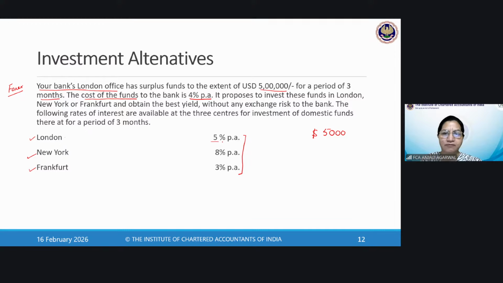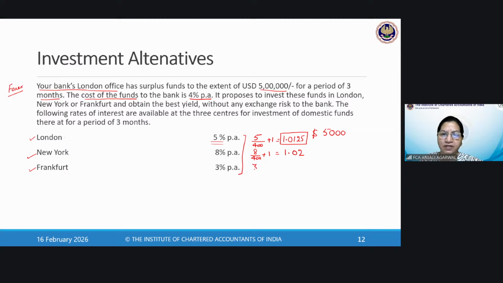Now first let's invest in London, which will give us 5% per annum. Again follow that policy: 5 divided by 400 plus 1, that is 1.0125. So London will give us this interest. New York will give us 8 divided by 400 plus 1, or we can say 2% for 3 months, so 1.02.